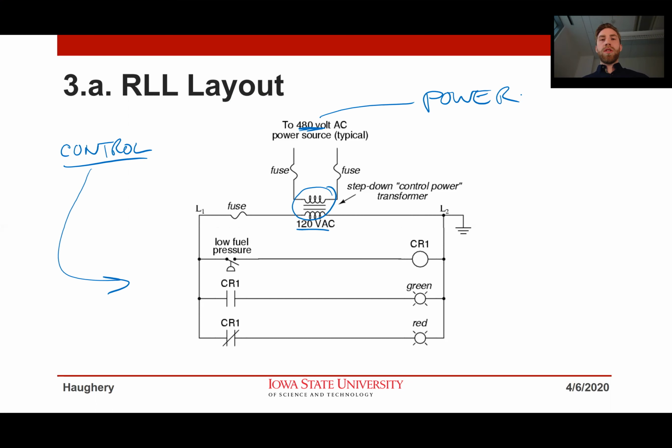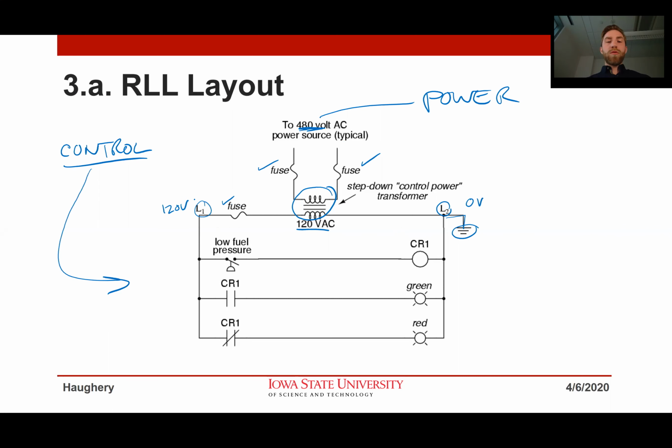I'm running my motors at 480 because I can get more efficient three-phase motors at a higher power. So I have my control circuit at 120. Of course, I have my fuses, which we've talked about when we talk about transformers. I have L1, L2, I have a ground point, and so I have 0 volts, and I have 120 volts.